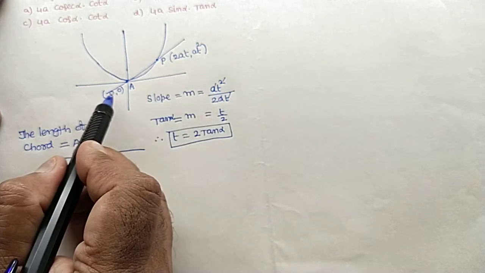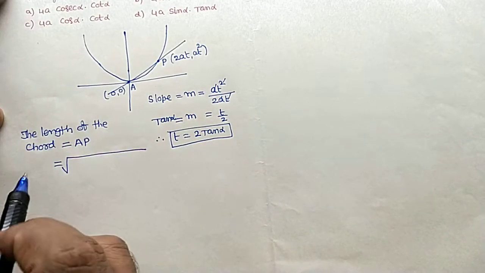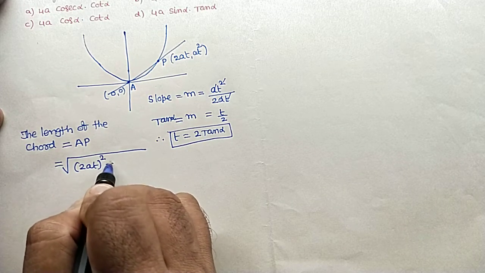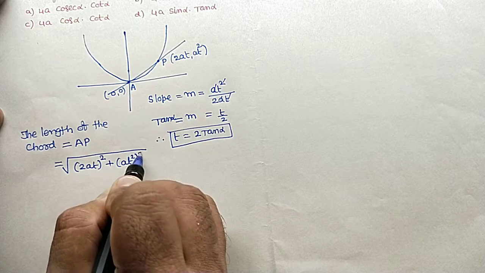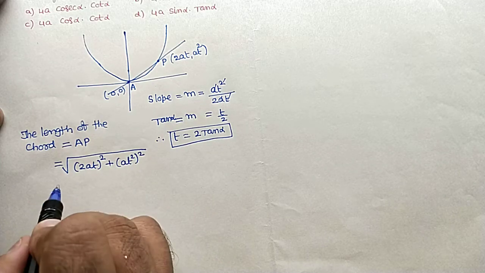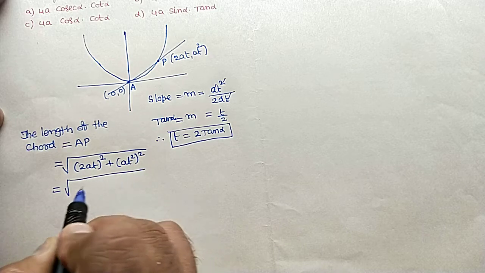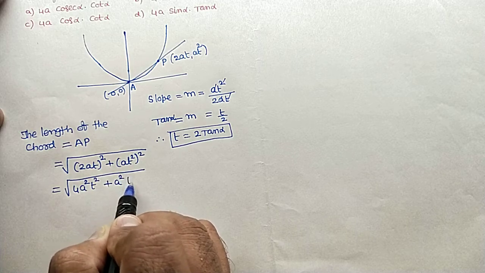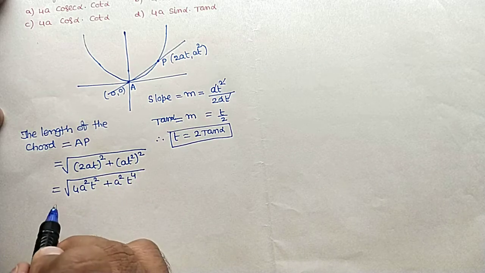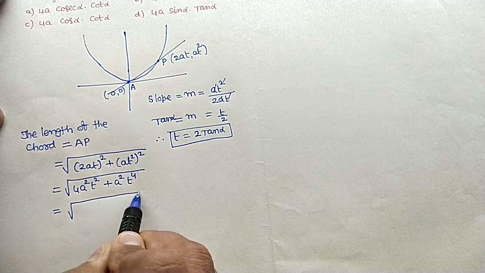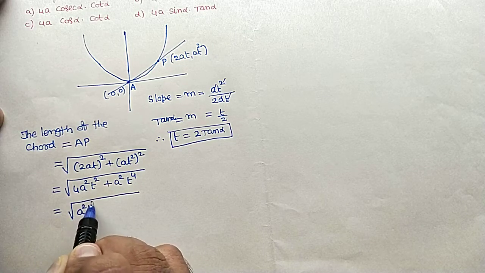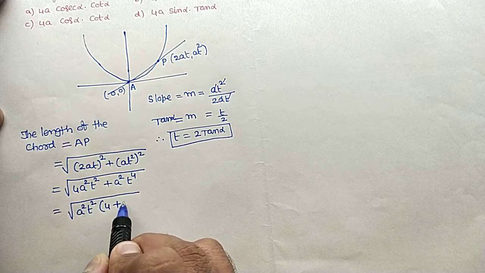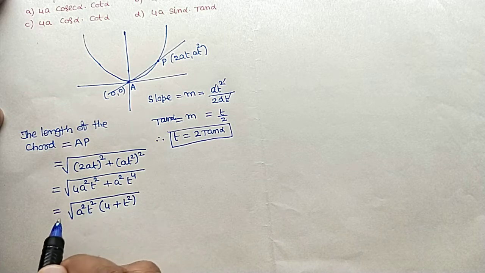So the distance from the origin to the point is always square root of x square plus y square. So (2at) whole square plus (at square) whole square, which is equal to square root of 4a square t square plus a square t power 4. Now I am taking common a square t square. The rest of the terms are 4 plus t square. a square t square you can take outside.